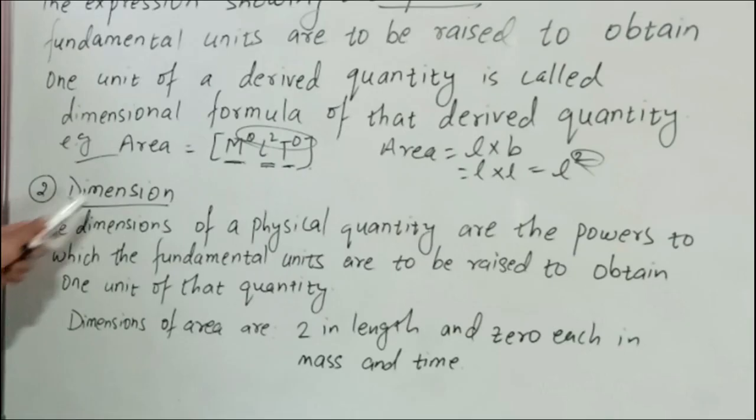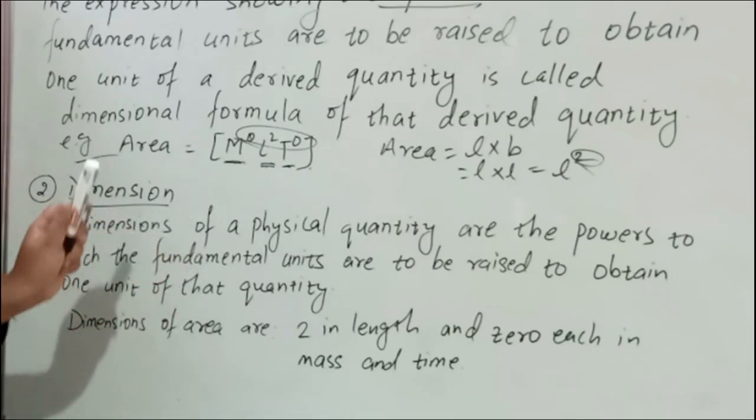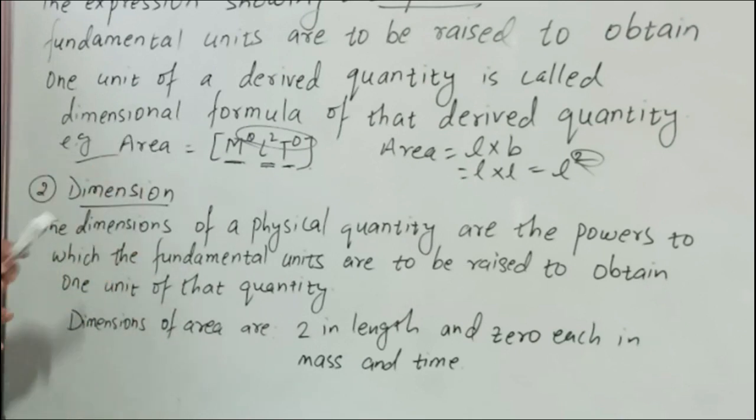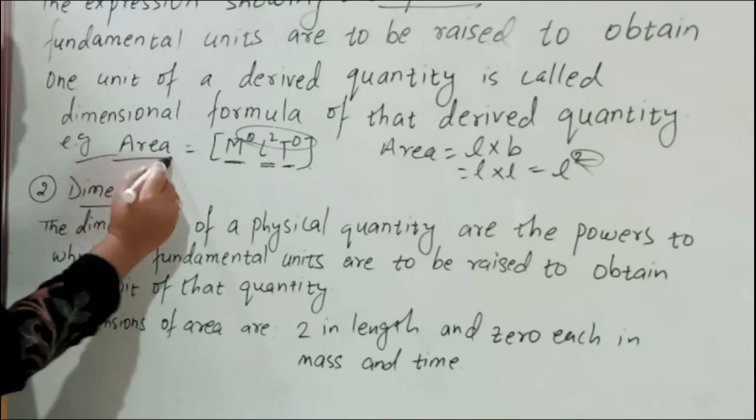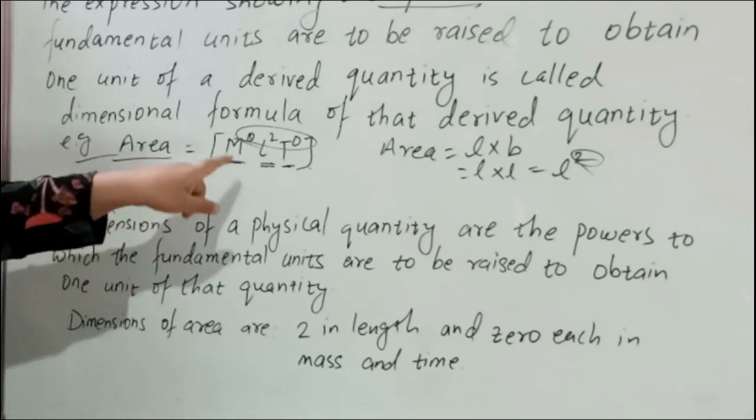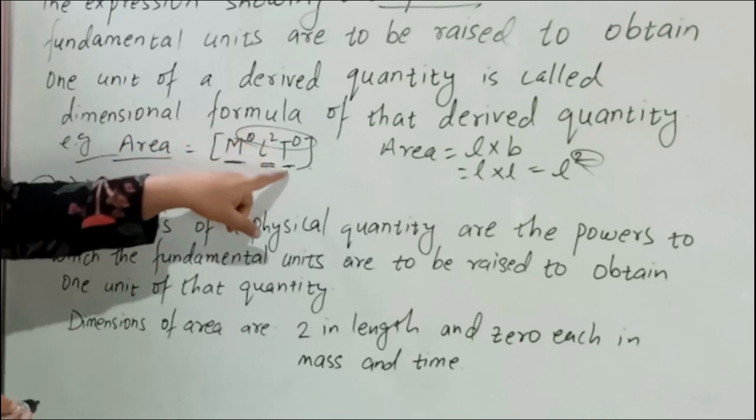Next, what is dimension? Dimensions of a physical quantity are nothing but the powers to which the fundamental units have to be raised to obtain the unit of a quantity. Same example, area: M power 0, L power 2, T power 0.